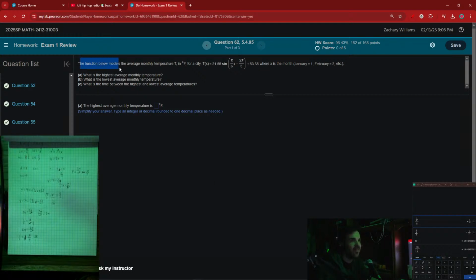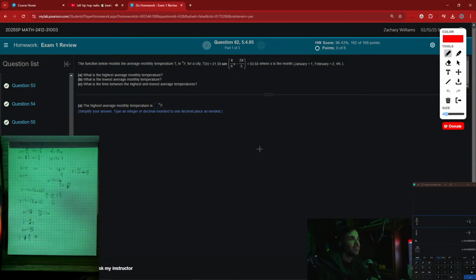Alright. Function below models the average monthly temperature T. Our X is the month.